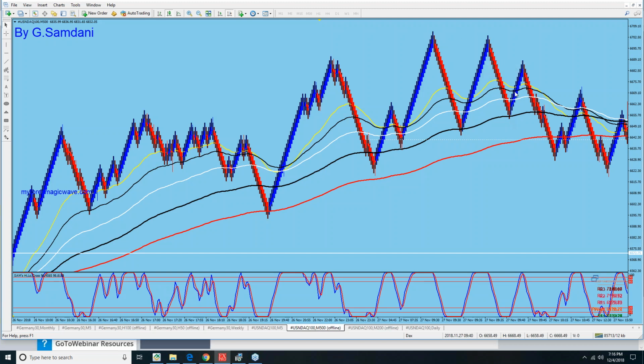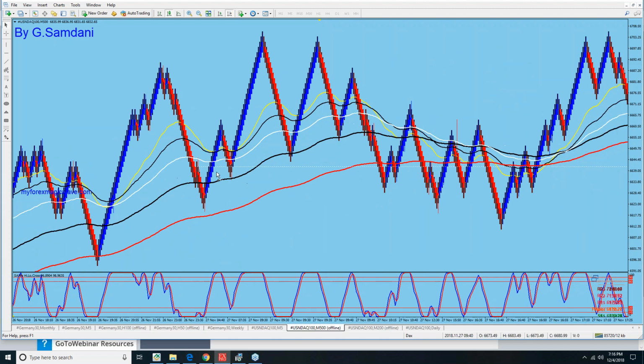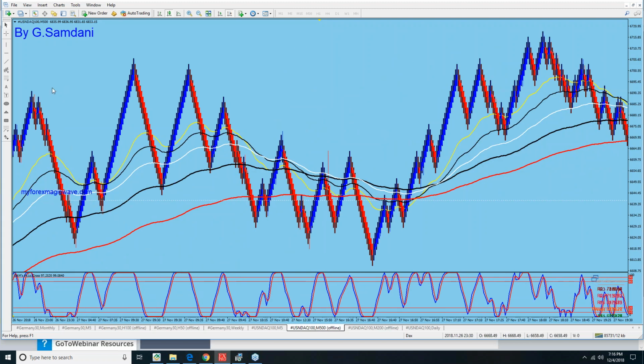So then now you have to be careful, is it turning to the downside or what? Because this one has made the higher high, but not this one. So you were positive here, but it didn't go up there. And when you take this one, be very careful that if this one did make the higher high, maybe this one is not going to make it, and then you may see a drop, which it did.